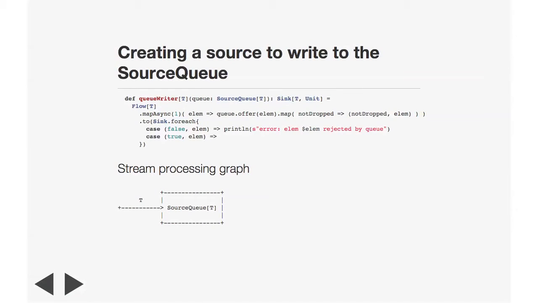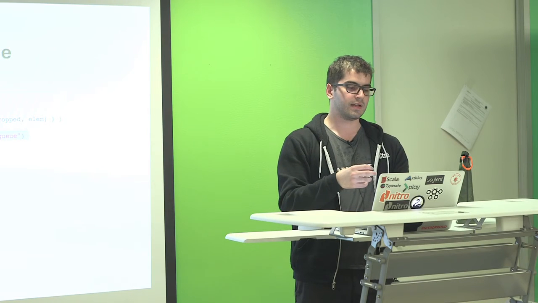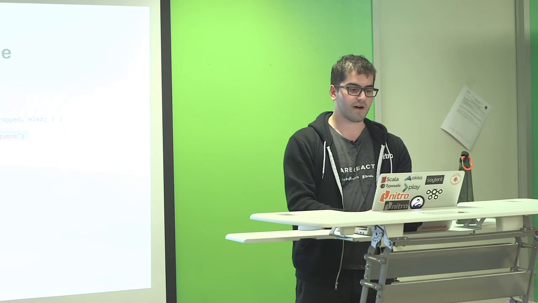So what we do here, we define a queue writer, abstract in terms of type T because we can. And all that does, it takes a source queue of type T, creates an identity flow using Flow of T, uses mapAsync to offer elements to the queue, and then Sink.foreach to just run a function on the result of every offering, right?